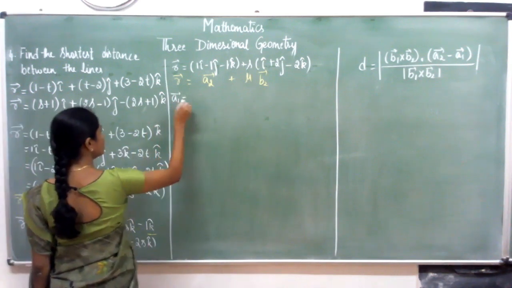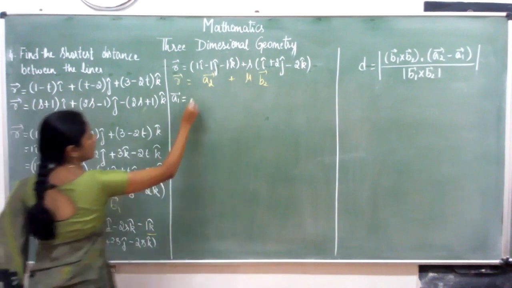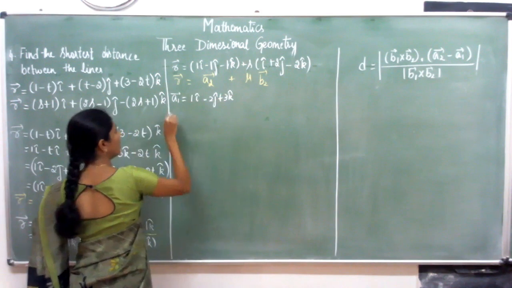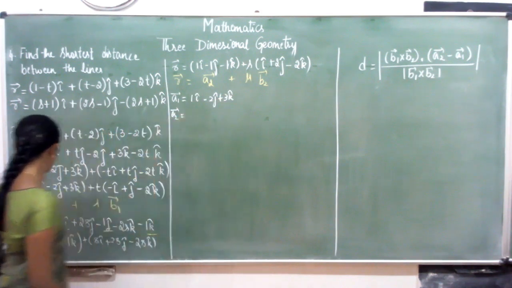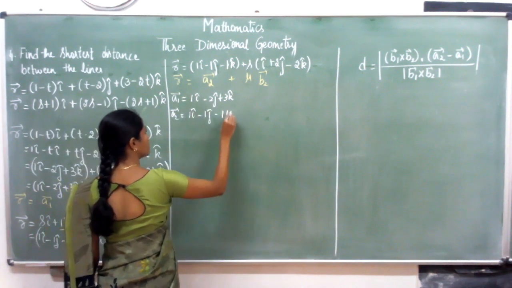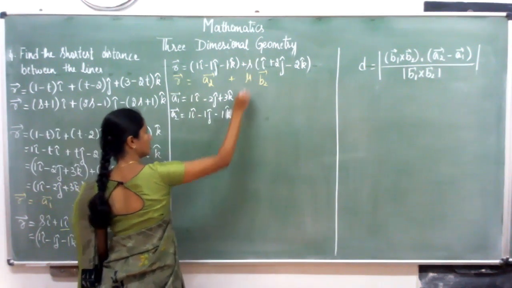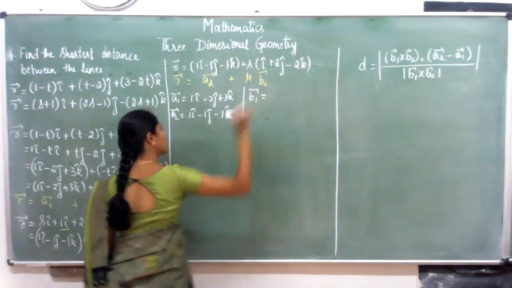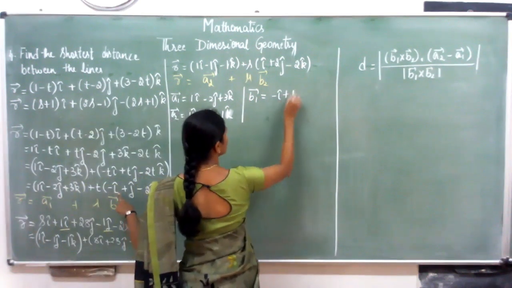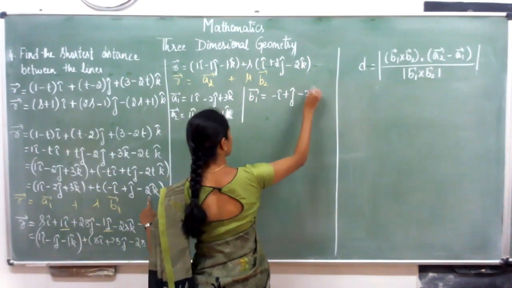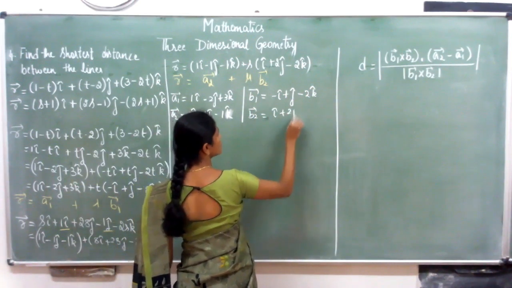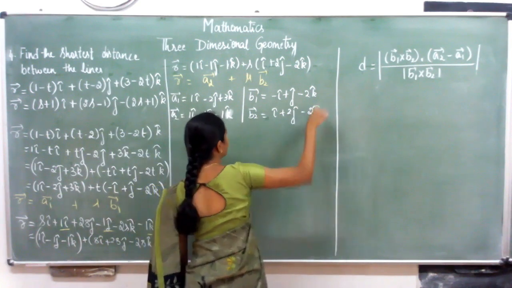Vector A1 is 1 i cap minus 2 j cap plus 3 k cap, vector A2 is 1 i cap minus 1 j cap minus 1 k cap, vector B1 is minus i cap plus j cap minus 2 k cap, and vector B2 is i cap plus 2 j cap minus 2 k cap.